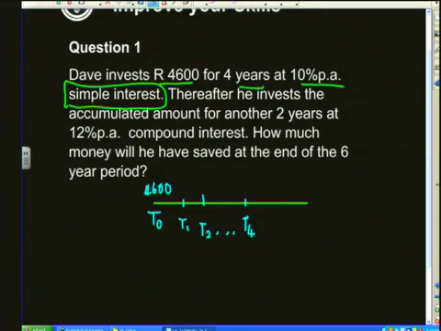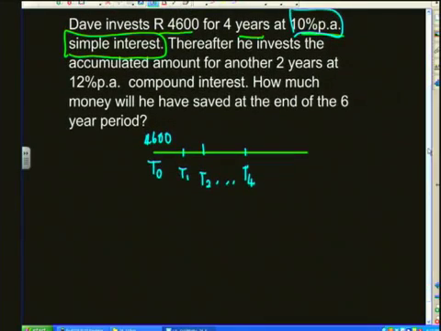During that period, his interest rate is 10% per annum, simple interest. Now, guys, remember, if they're talking about simple interest, the formula we're going to be using is our simple interest formula, 1 plus i times n.